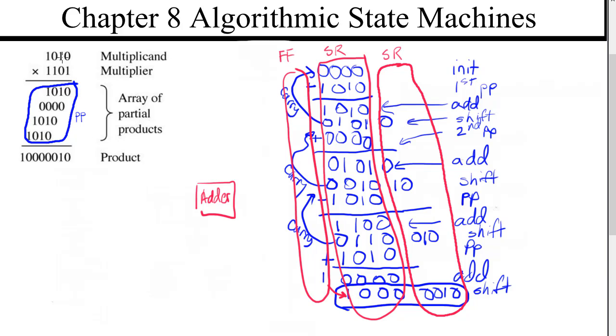Let's see, the partial product was either this or a 0. So I bet I could just hook up this multiplicand in here. This number would go into here. So this is not going to be a shift register, it's just going to be storage, permanent storage. Let's just call it a register. So this is going to carry the 1010 in it.